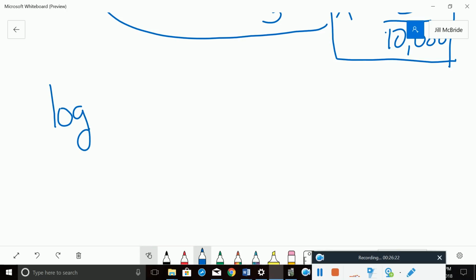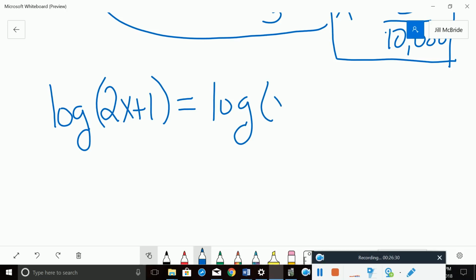Log of 2x plus 1 equals log of x plus 2 minus 1. Okay, there are several ways you could solve this problem because there's a couple of properties of logarithms that you can go ahead and apply.